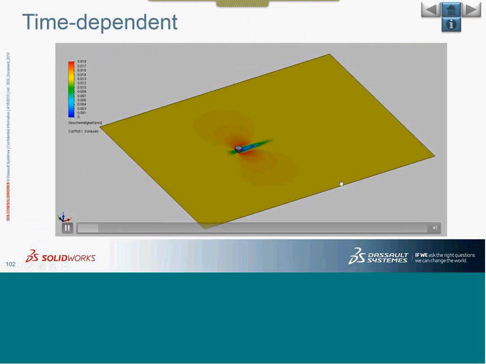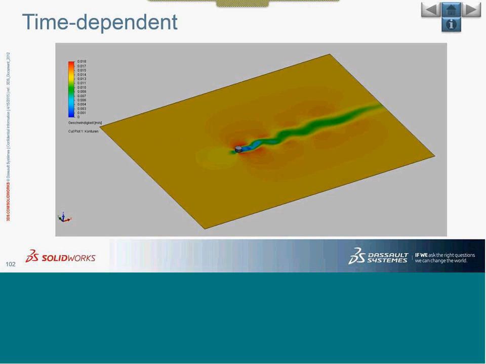And there will be many different flows which are not constant over a period of time. Assuming the flow is happening now, in this case on a cylinder, the flow will not remain steady throughout.